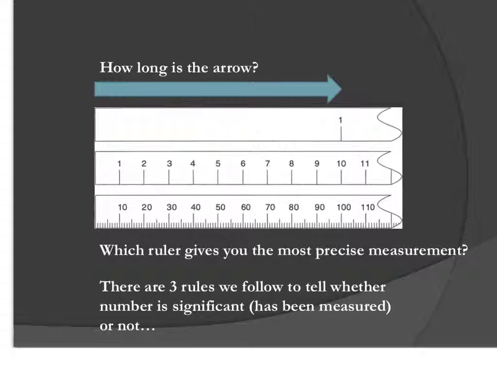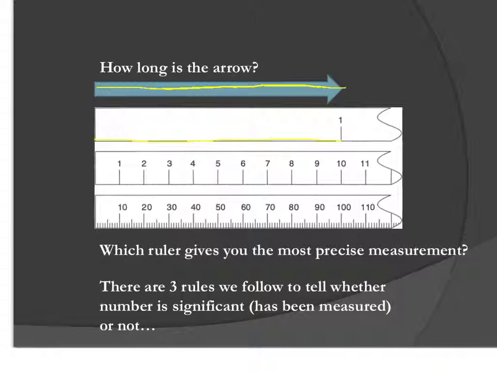So here we have an example of precision. If we look at this arrow right here, and I asked you to measure this arrow using the three rulers pictured. We look at the first ruler, and this first ruler is measuring to the nearest meter. So here we don't have any tallies, any measurements until we get to the 1 meter mark.